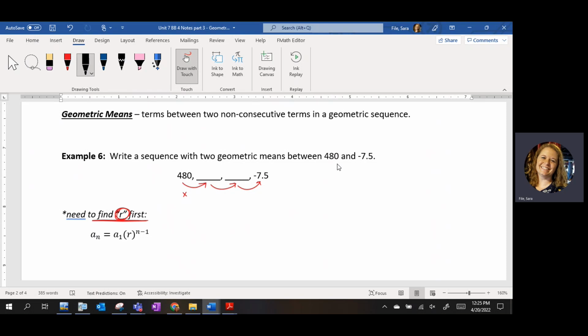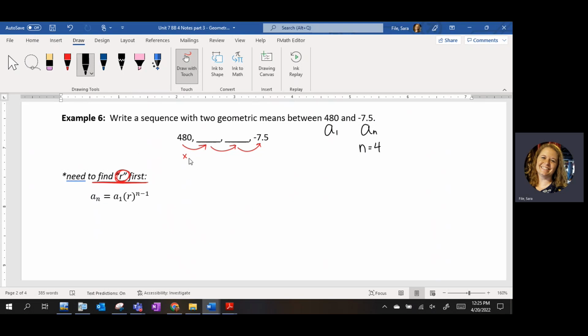Now what's given is the first term is 480. And the last term is negative 7.5. Now, what term number is the last term? This was term 1. This is term 4. Okay, so we can use this information to work our equation backward to find out what that R is and get this filled in.